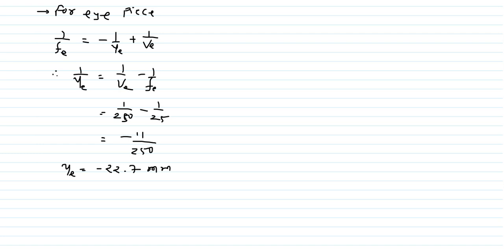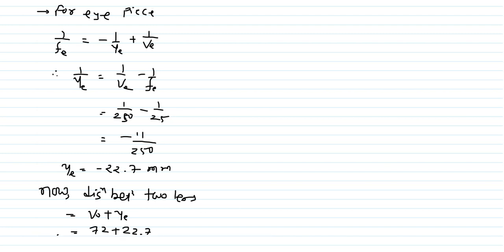Now the distance between the two lenses is equal to VO plus UE, that is the image distance for the objective plus the object distance for the eyepiece, that is 72 plus 22.7, that is 94.7 mm.